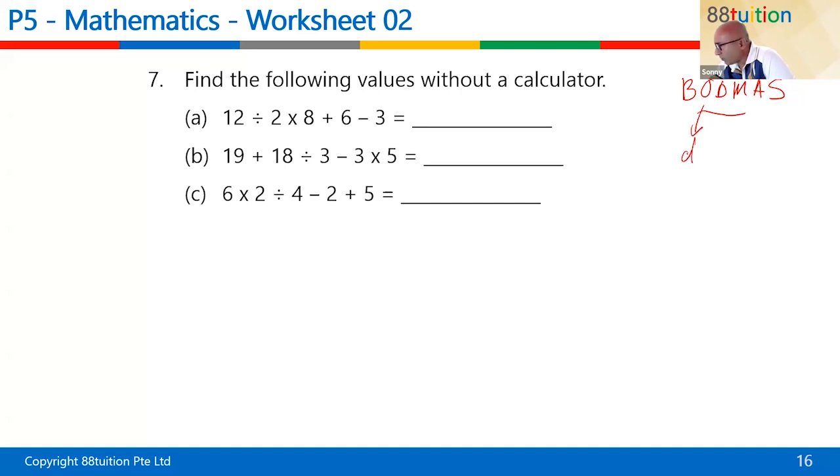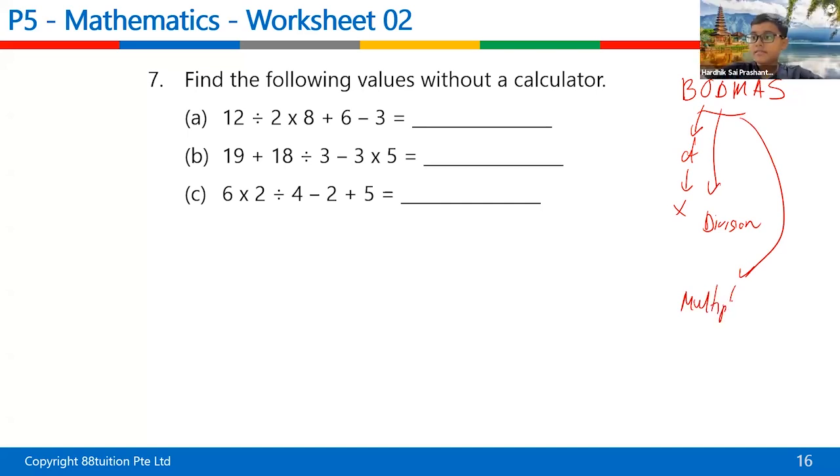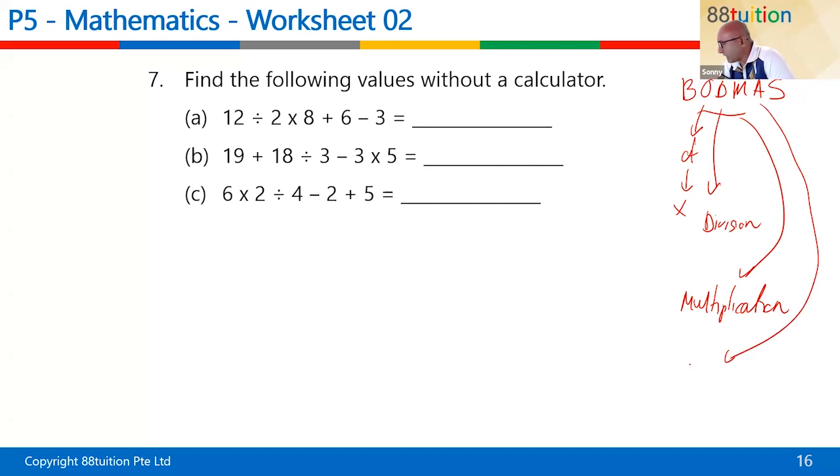O stands for off, which simply means times. D stands for division. M stands for multiplication. A stands for addition. And of course, the last one stands for subtraction, right?